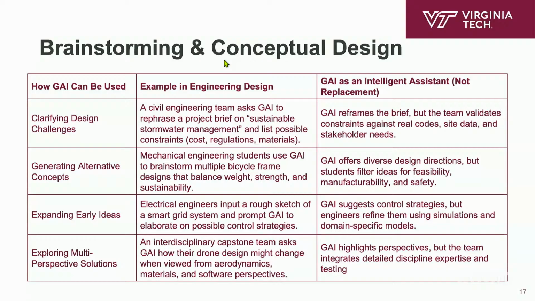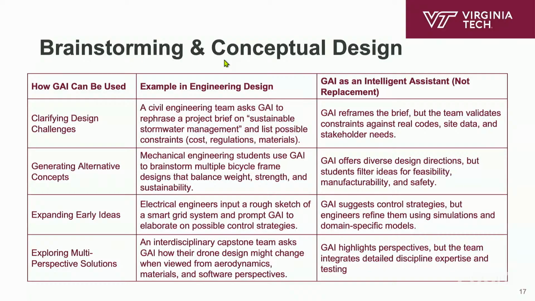With brainstorming and conceptual design, we have a few here. I think one of the coolest ones is generating alternative concepts. I really do enjoy generative AI for brainstorming. Some of my favorite classes in school were the ones where I was learning how to use CAD design, and you sit with a group of people and they give you some outrageous problem, and the whole point is to come up with a solution no matter what the feasibility is.